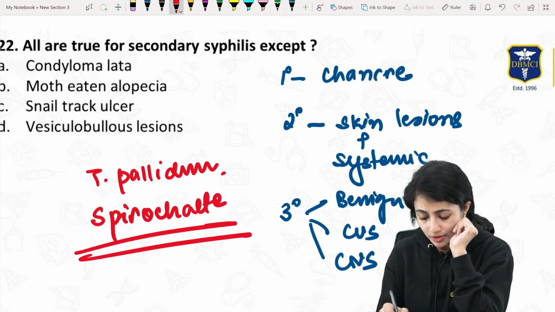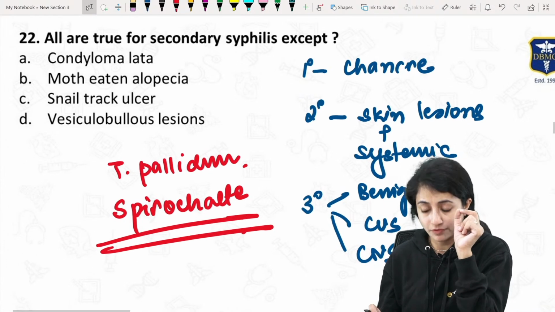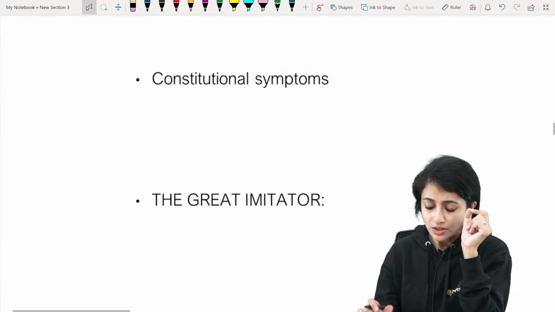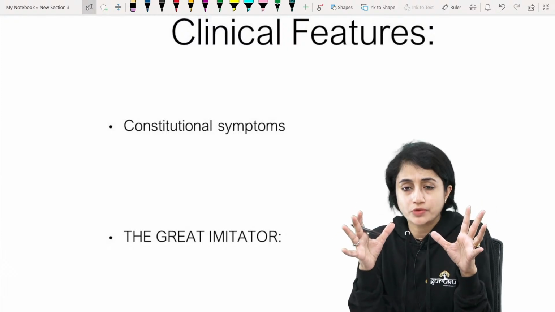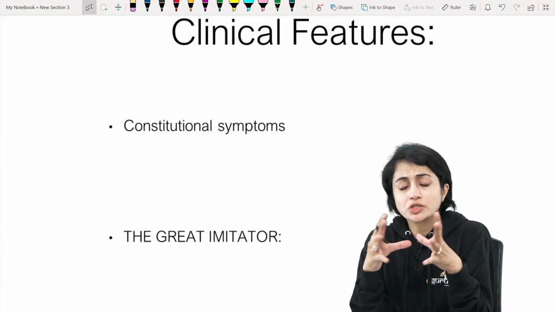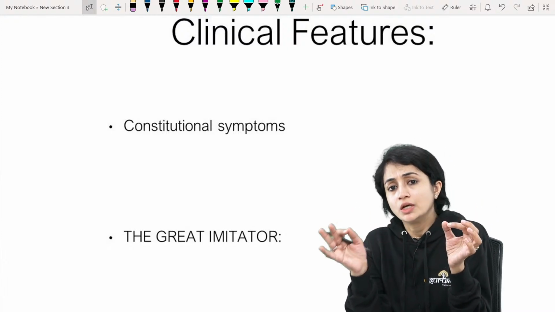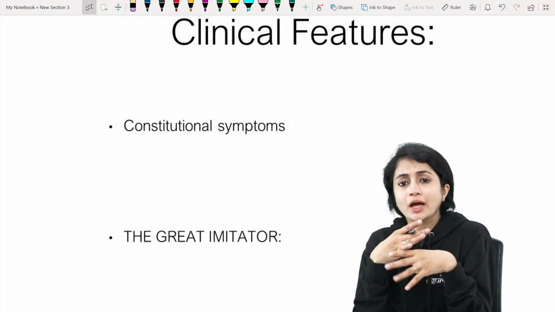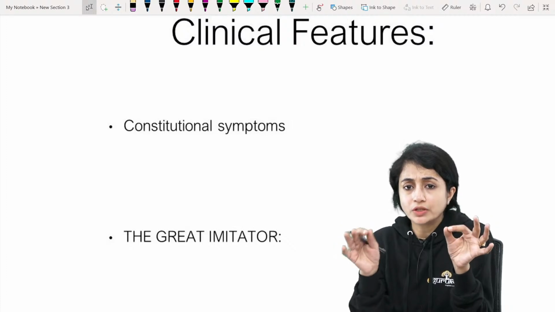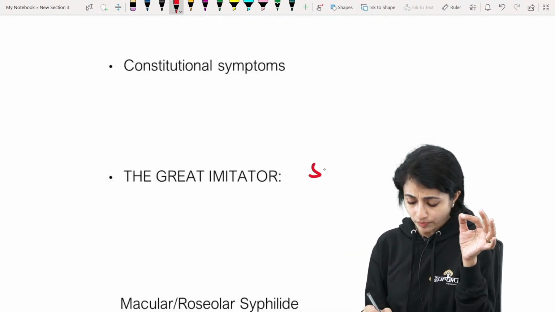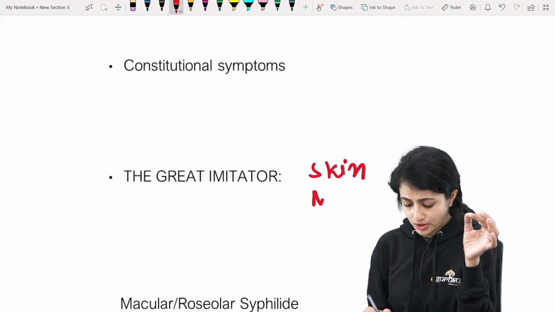Now here we are talking about secondary syphilis. So let's talk about it. Secondary syphilis is a very systemic kind of syphilis. Here there is hematogenous dissemination of the Treponema pallidum. So I have a lot of constitutional symptoms. I have lymphadenopathy, I have skin involvement. So it's also called the great imitator.